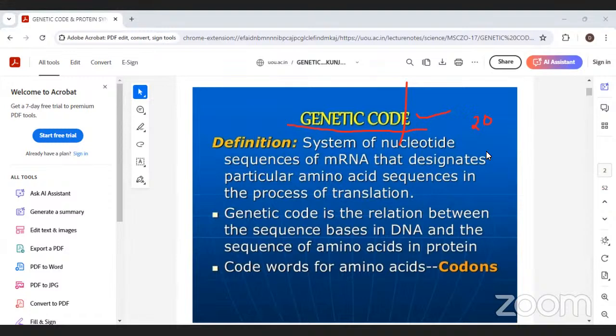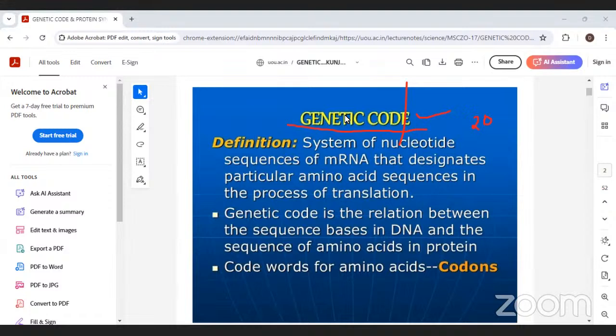Listen carefully: one nucleotide cannot act as the genetic code because there are only four nucleotides.